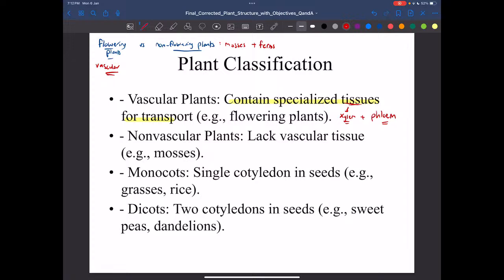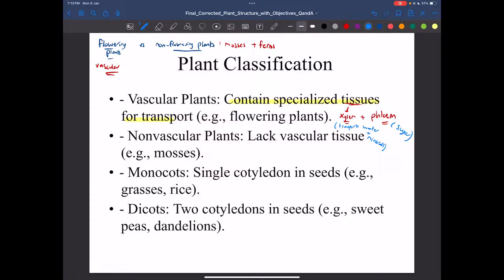Can anyone let us know in the chat? Usually xylem transports water and minerals, while phloem is for sugar. And now we'll be looking at more details.